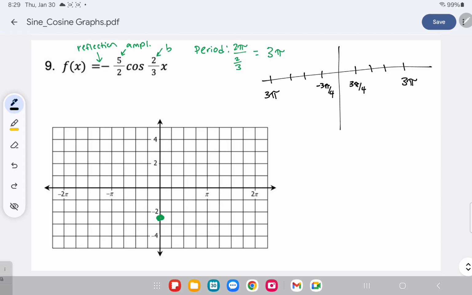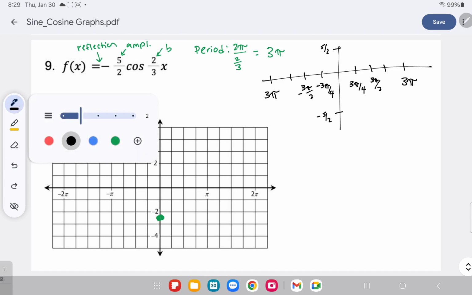Or half of 3 pi is 1.5 pi, or 3 pi over 2. Our amplitude is 5 over 2. I'm just literally labeling it 5 over 2 and -5 over 2.